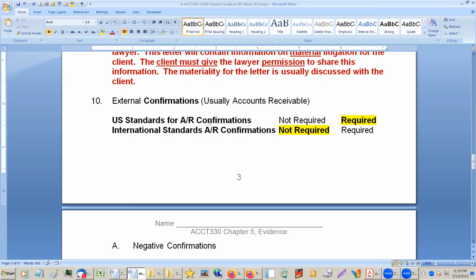For instance, if they're not material, they may not be necessary. If you hardly have any accounts receivable on your books, they may not be required. I was involved with an unusual one: we had an engine plant when I worked for Navistar that made diesel engines for Ford.